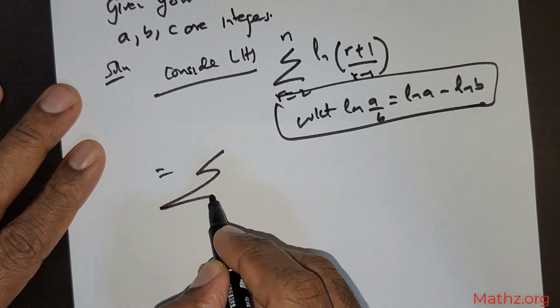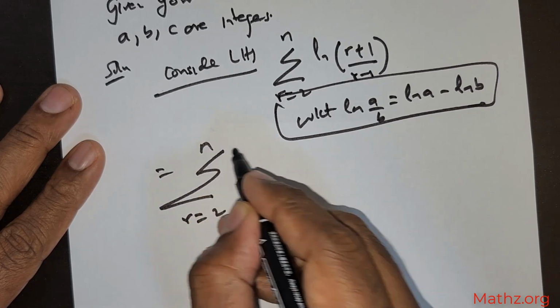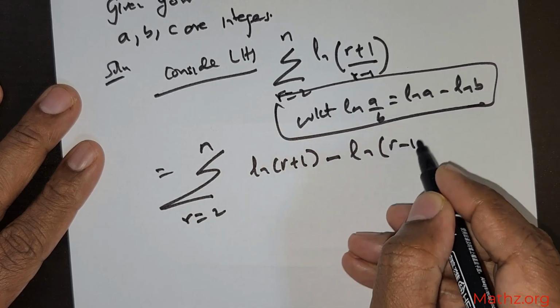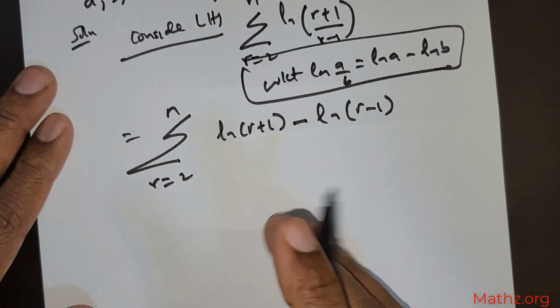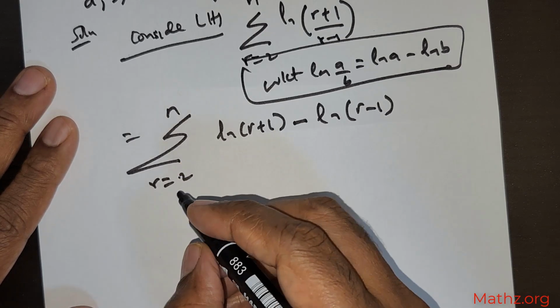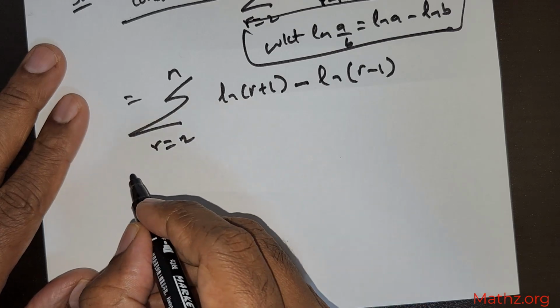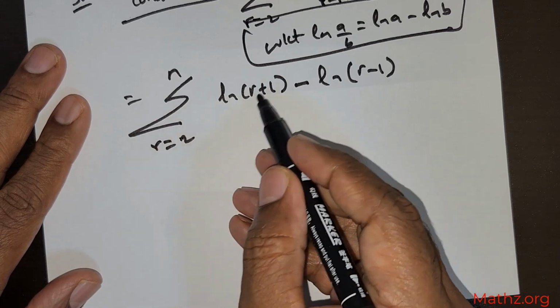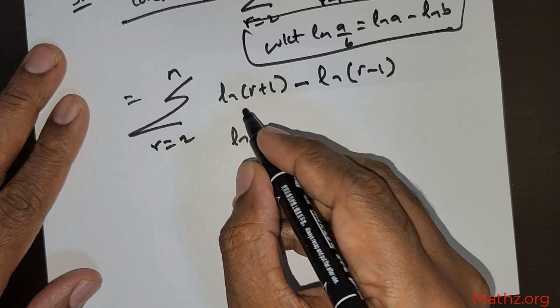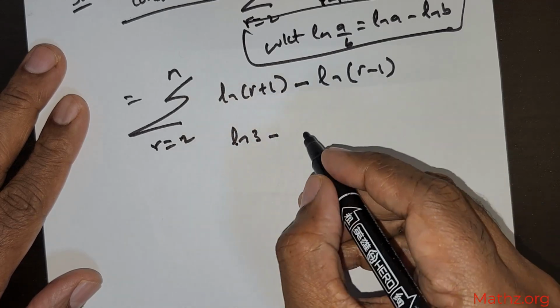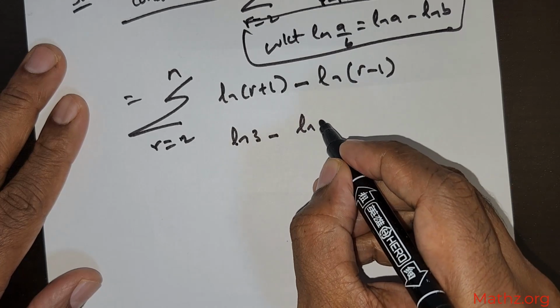So this is going to be sigma r is equal to 2 to n ln of (r positive 1) negative ln of (r negative 1). What I wish to do is run the value for r from 2 to n. So when r takes 2, this is going to be ln of 2 positive 1, that's 3, negative ln of 2 negative 1, that's ln 1.